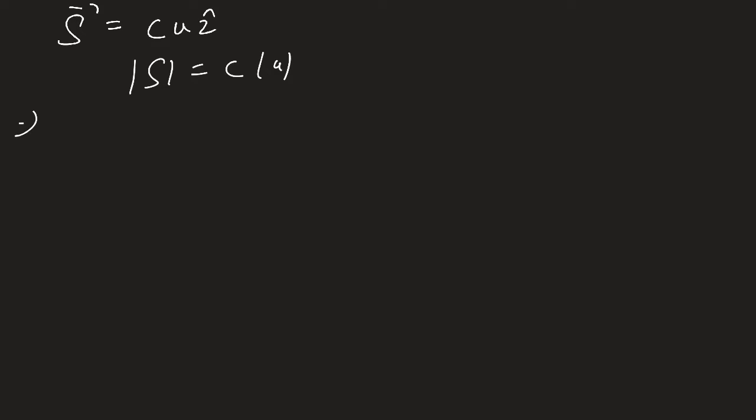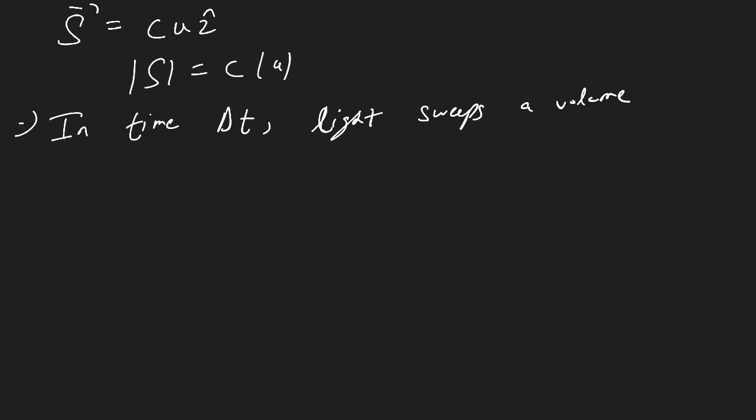For example, in a time delta t, let's say that light passes through some volume. So in time delta t, light sweeps some volume which is A c delta t, right?